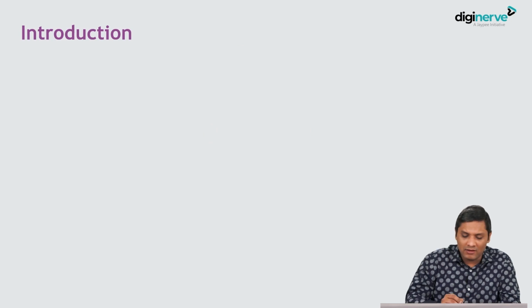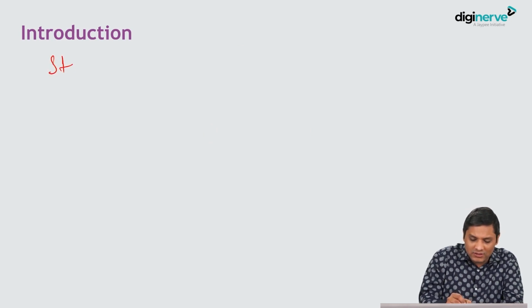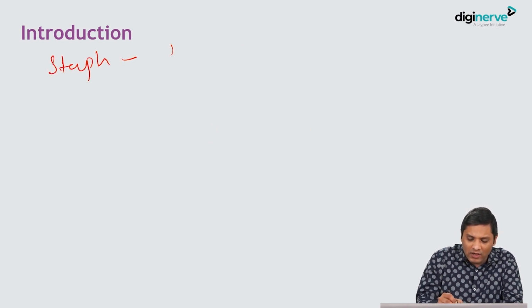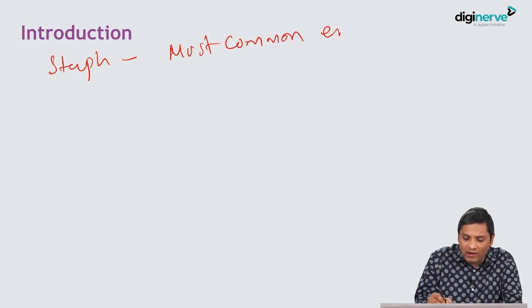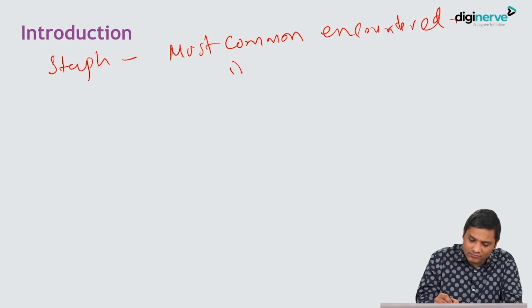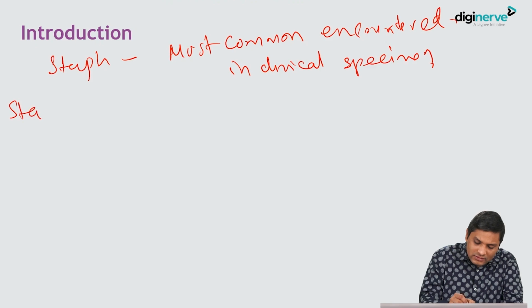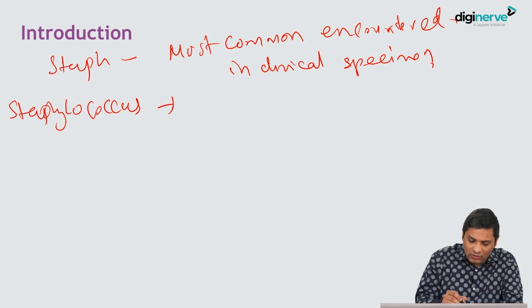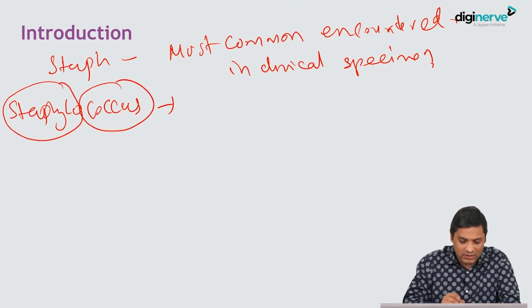So, how common are Staphylococcal infections? Remember that Staphylococcus species are one of the most common organisms encountered in clinical specimens. How is the name derived, Staphylo and coccus?